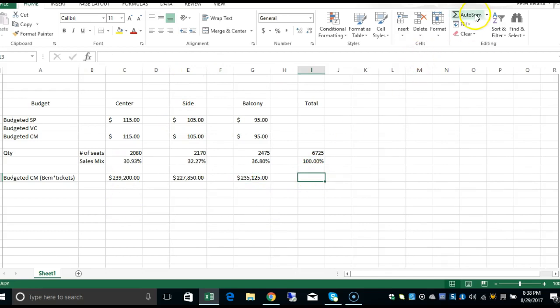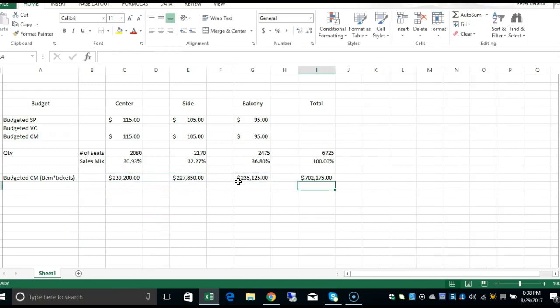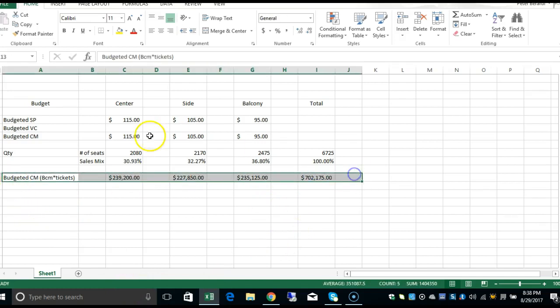And the total is $702,175 of budgeted contribution margin. So this is basically what we do on the budget side.